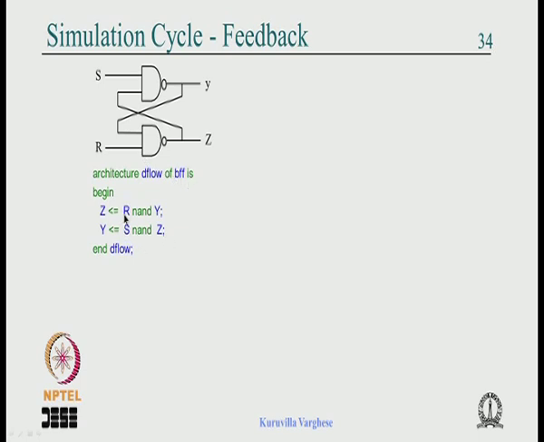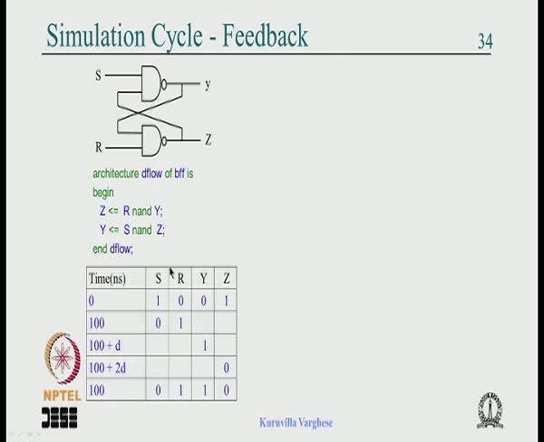Here we are writing Z as R NAND Y and Y as S NAND Z. Since there is a feedback, there is no order, everything is messy, whether you write Y first or Z first. Since there is a cross coupling, everything is as bad as anything. So let us look at it.